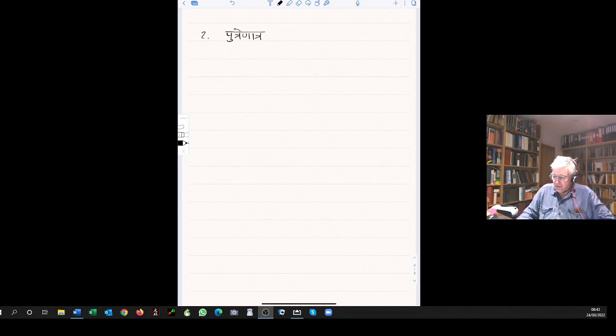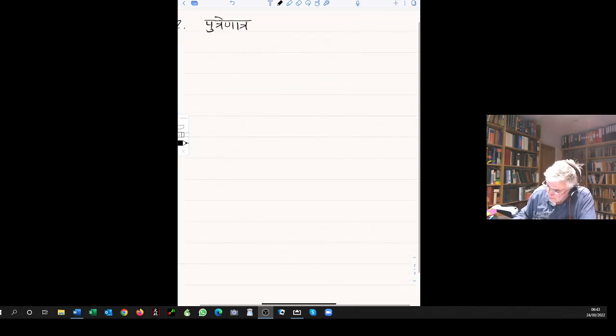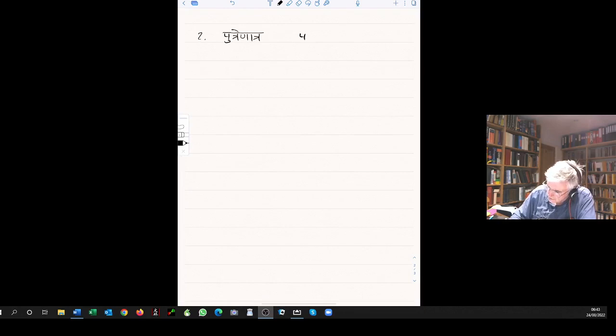You notice when I wrote this, I put the long crossbar across the top and the a sign above the tra last. Some writers do it the other way round. I tend to do it like that simply because my handwriting in Devanagari is far from perfect. It's okay, but it's far from perfect. And I find I can make it neater if I put the o sign first, for example, putro.